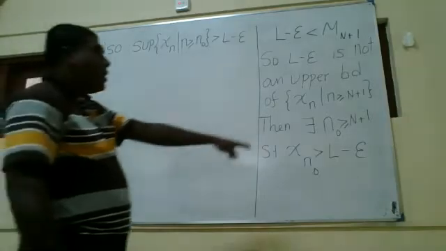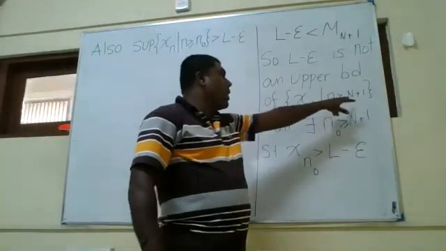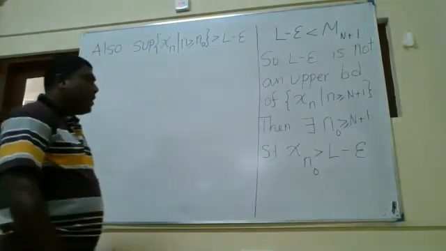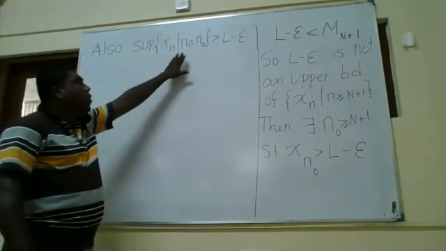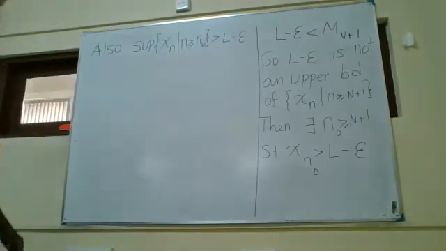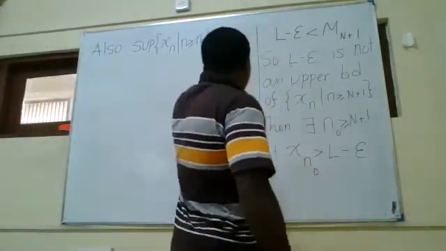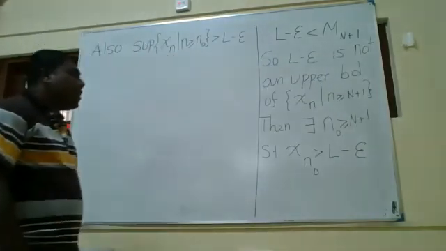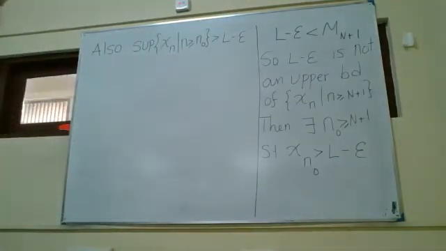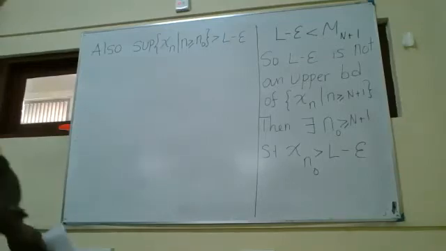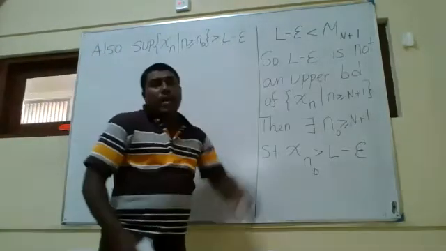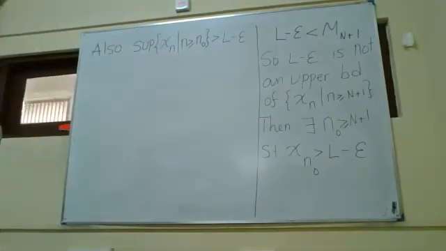So obviously I pick n naught which is greater than N plus 1, right? So I take the set of all xn such that n is greater than n naught. So I am taking a smaller set, right? So you notice that this is a bigger set. I take fewer elements from that, right? So in that case, obviously, again, the supremum is greater than L minus epsilon. Right? So same argument. So L minus epsilon cannot be the upper bound of this set, right?